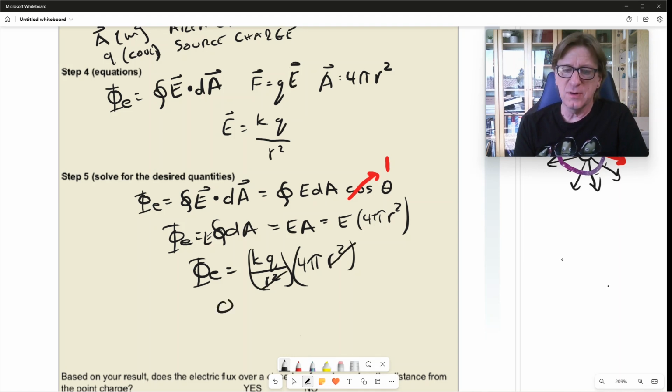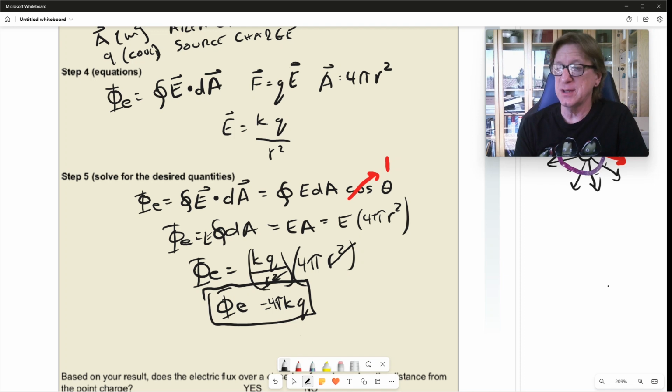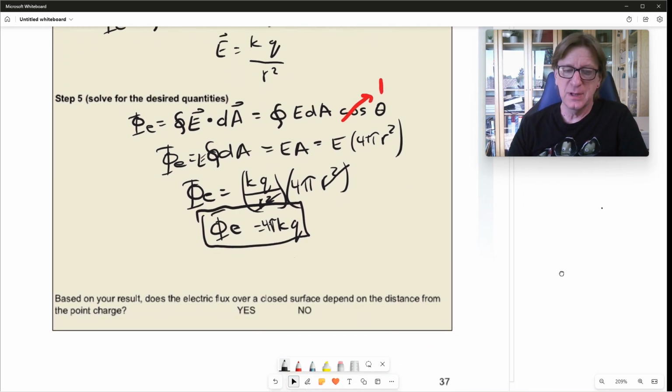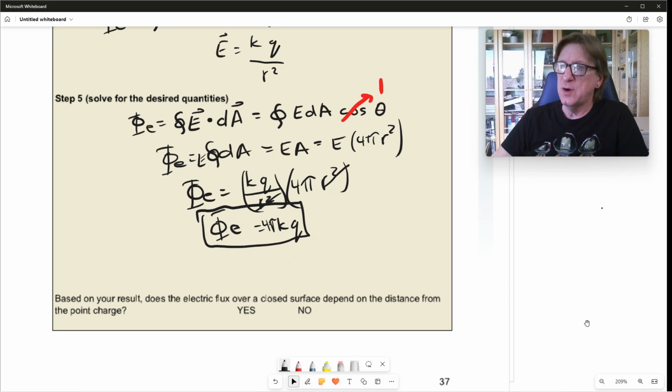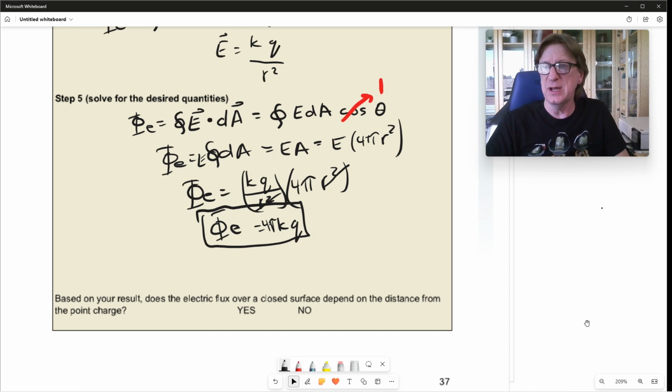And so my electric flux then is going to be equal to K, let's put our 4 pi here first, 4 pi KQ, all of which are going to be constant. I'm not changing any of them from that.